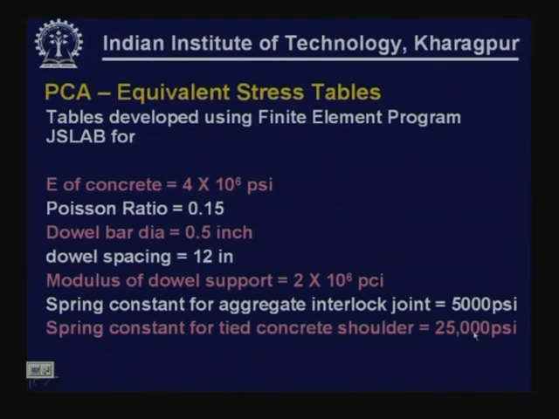Modulus of dowel support was taken as 2 into 10 to the power of 6 pci. Spring constants were used to model the aggregate interlocking, and similarly spring constants were also used to model the joint between the shoulder and the main slab through the tied concrete shoulder. So, these are the spring constants that are used, 5000 psi and 25,000 psi.